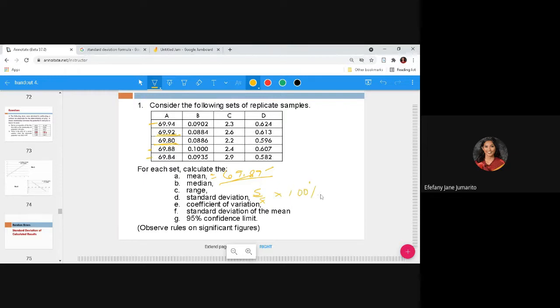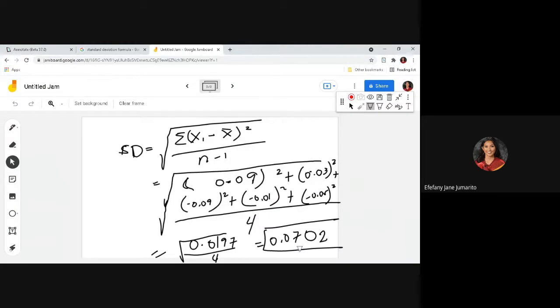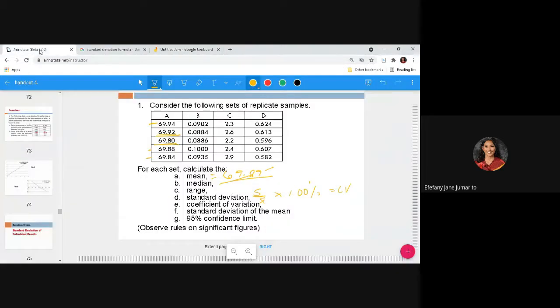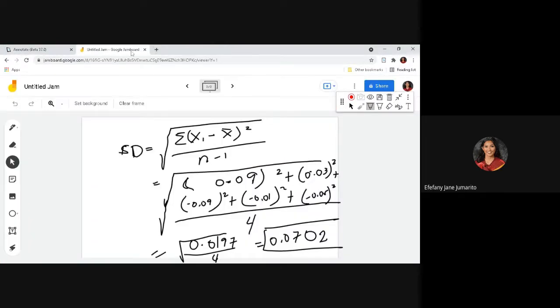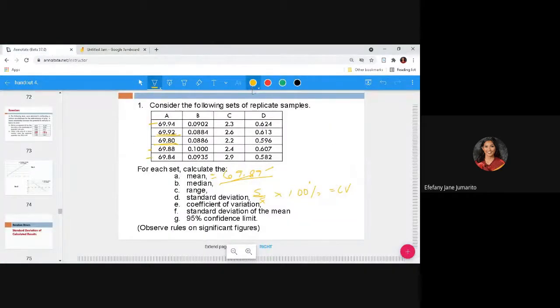Okay, so we have CV. Now, let's calculate CV. So we already have the value of our standard deviation. So what is the standard deviation? 0.0707. Now you divide that one with your mean. What is your mean? 69.89. Pila answer?